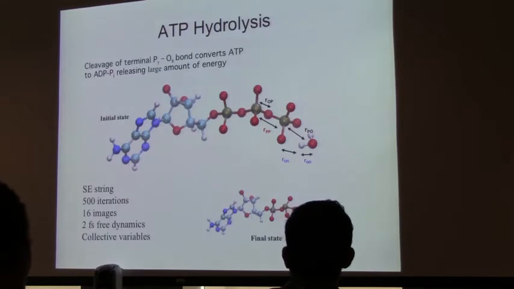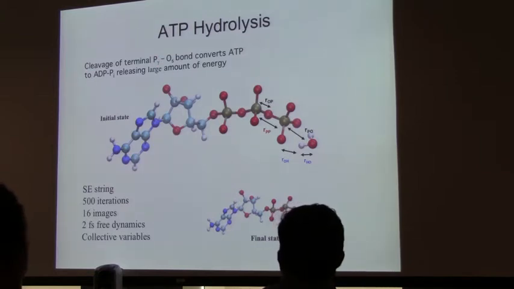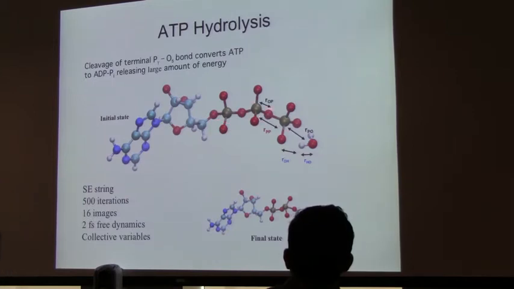So again, here I've just said that the cleavage of this terminal phosphate by the binding water oxygen converts ATP to ADP and inorganic phosphate. I've shown here the system and all the collective variables we use. So we have the distance between the beta phosphate and this oxygen, the distance between the beta and gamma phosphates.